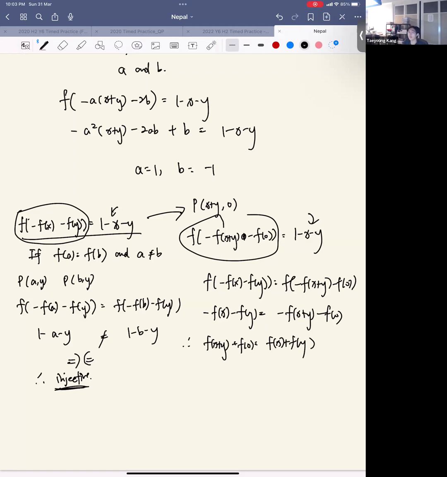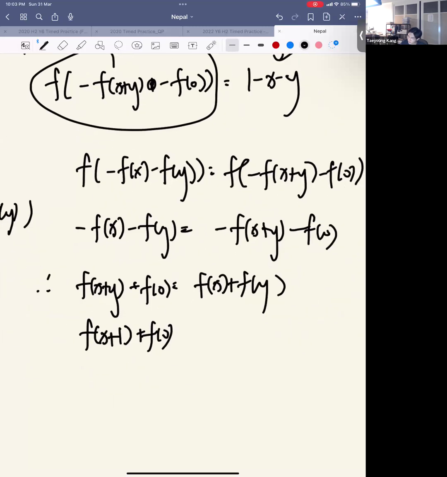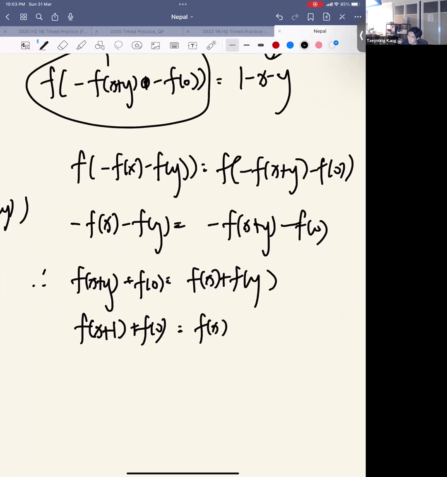But we know that they're all constants, right? So if we set y equal to 1, f(x+1) plus f(0) is equal to f(x) plus f(1), correct?